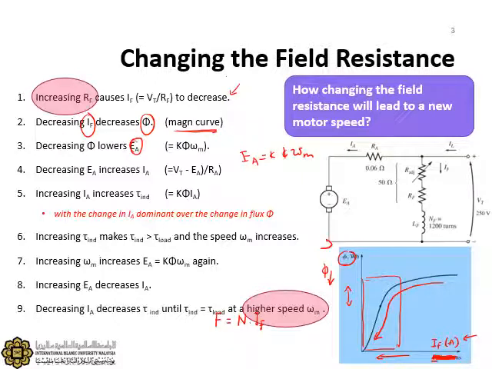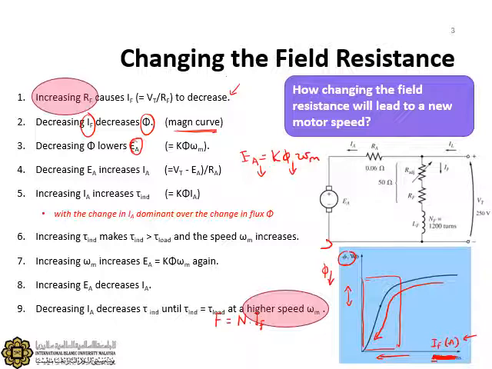I'll do it again. EA equals K times flux times omega m. So if you reduce the flux, then EA will be reduced as well. I hope that's clear.